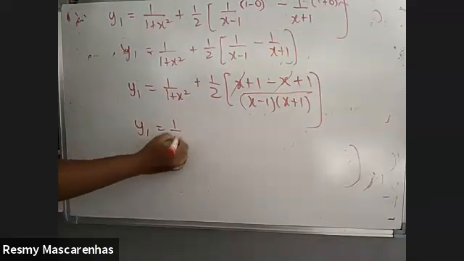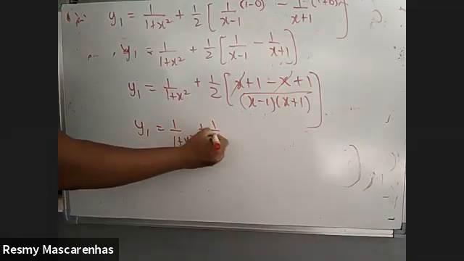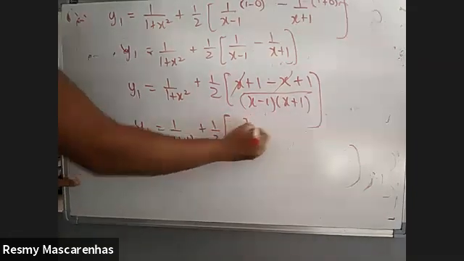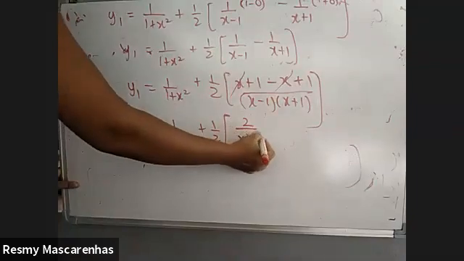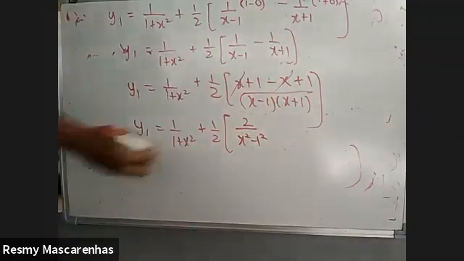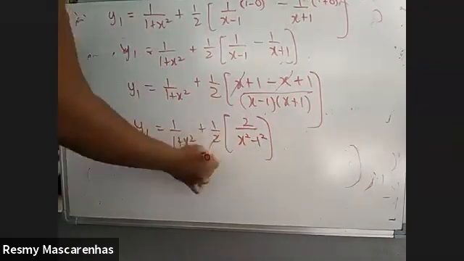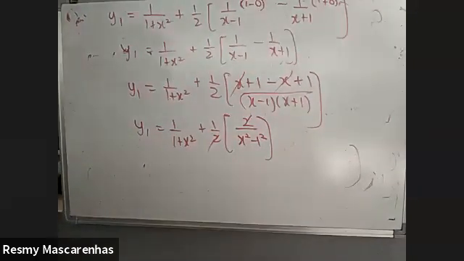Y1 will be equal to 1 upon 1 plus x square, half. Now a plus b into a minus b will be a square minus b square. This 2 and 2 will cancel. So what you'll get is x square minus 1.